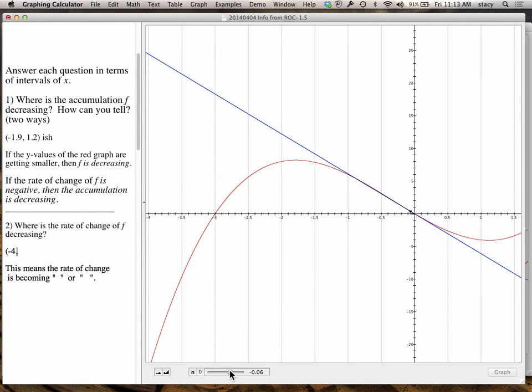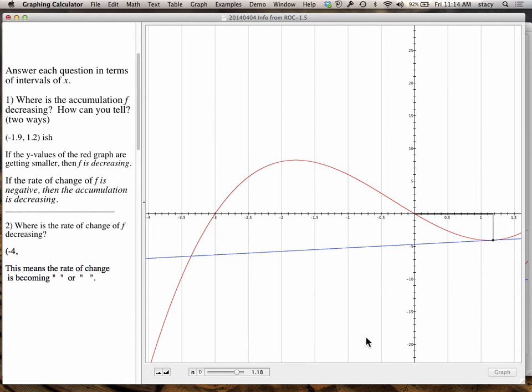But then starting around here-ish, something changes: the slope starts getting less negative. So when it switches from getting more and more negative to being less and less negative, that's when the rate of change switches from decreasing to increasing, okay?